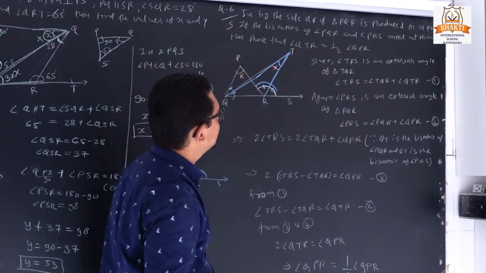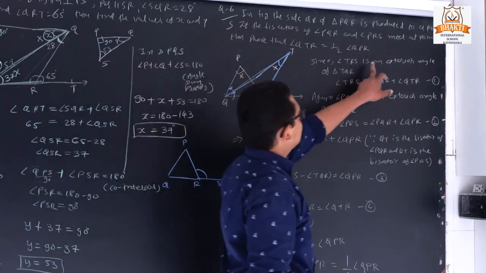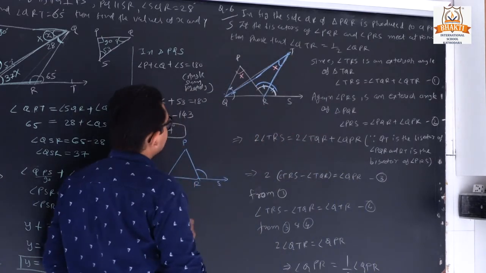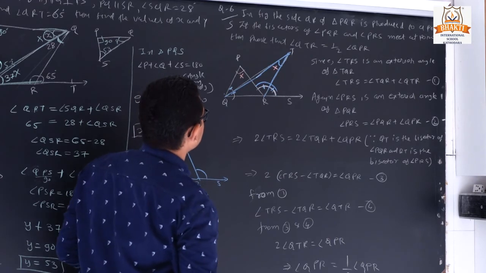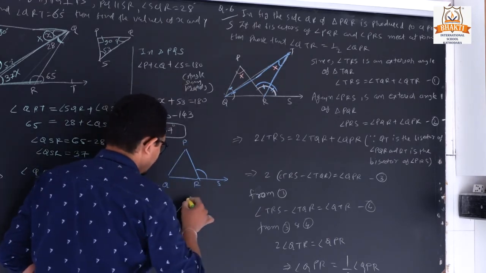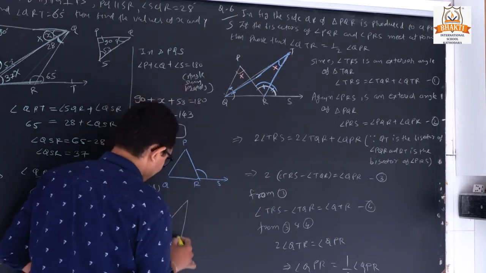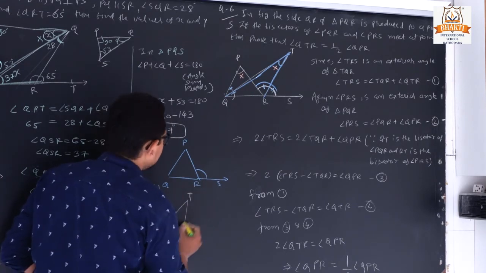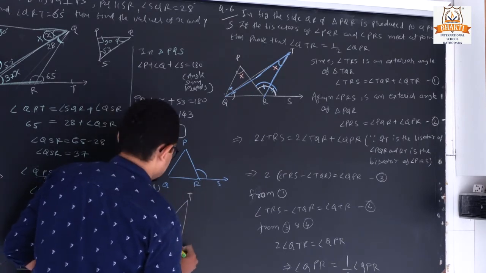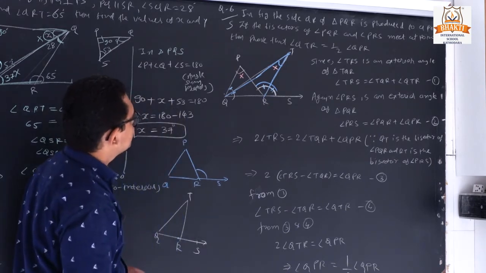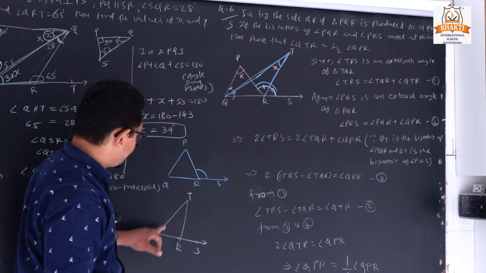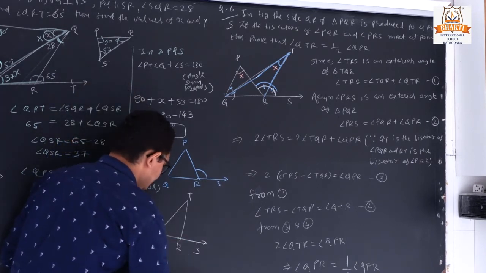Here see that TRS is the exterior angle of TQR. First of all I will roughly draw the figure, TQR, here S. So this is its exterior angle.